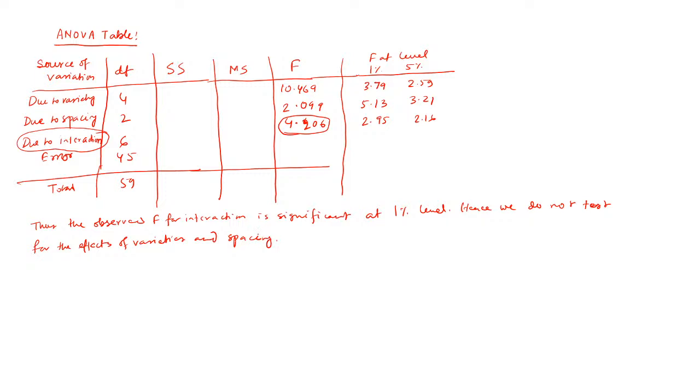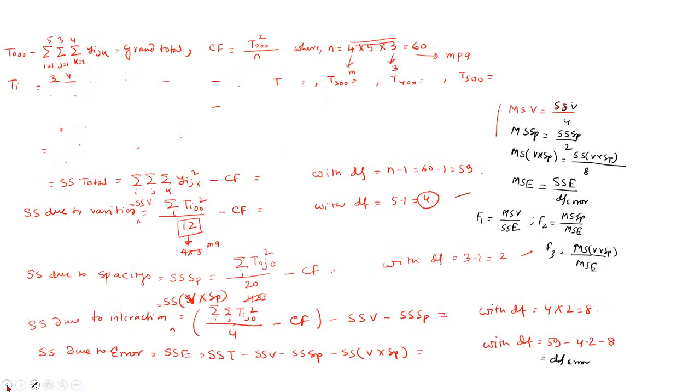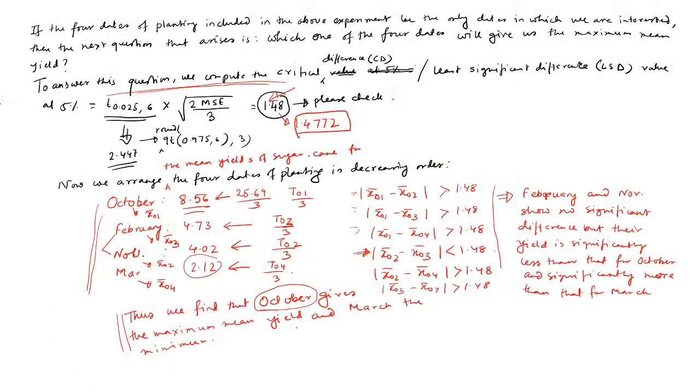One thing I should mention: if the interaction effect is insignificant, then you proceed further. You need to test whether the main effect of variety is significantly different or not, or whether the main effect of spacing is significantly different. If variety is significantly different, we proceed to a post hoc test, which I already mentioned. In that procedure you can proceed.